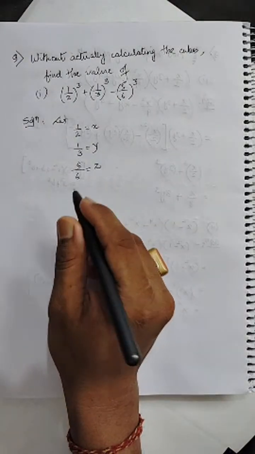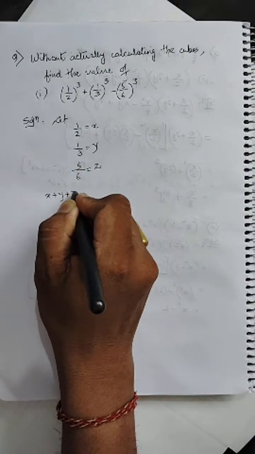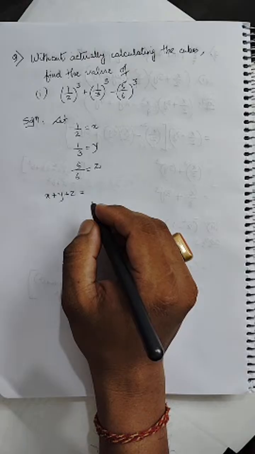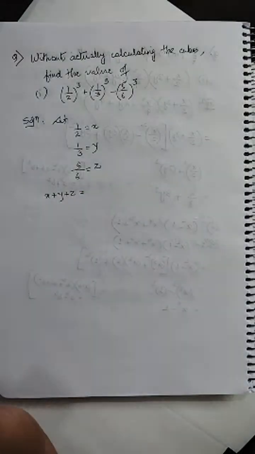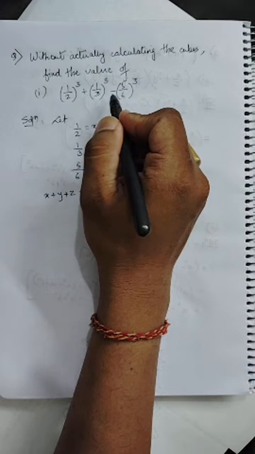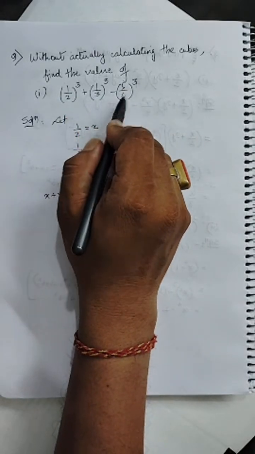Now let's add them up. x plus y plus z. Let's do one thing, otherwise there will be some confusion in the question. So we have 1/2 whole cube plus 1/3 whole cube minus 5/6 whole cube.